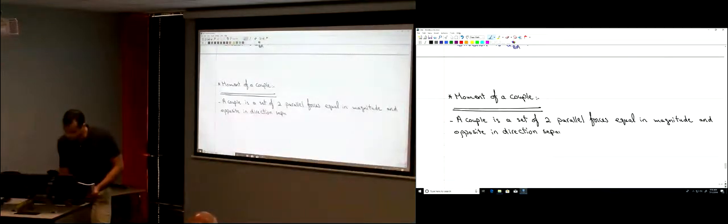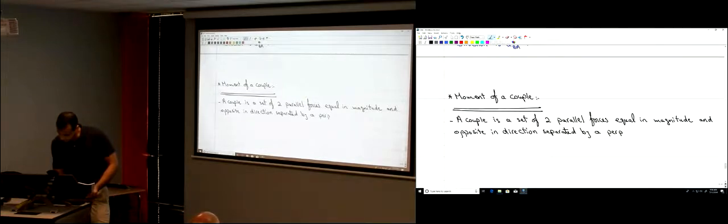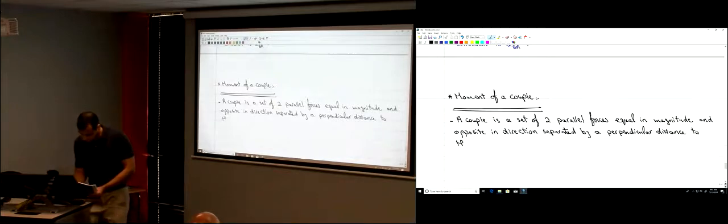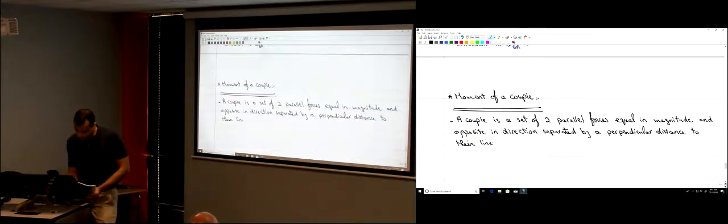Separated by a perpendicular distance to their lines of action.